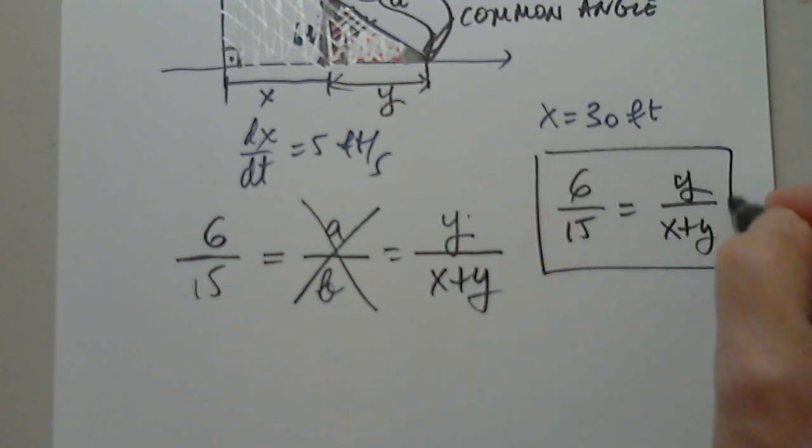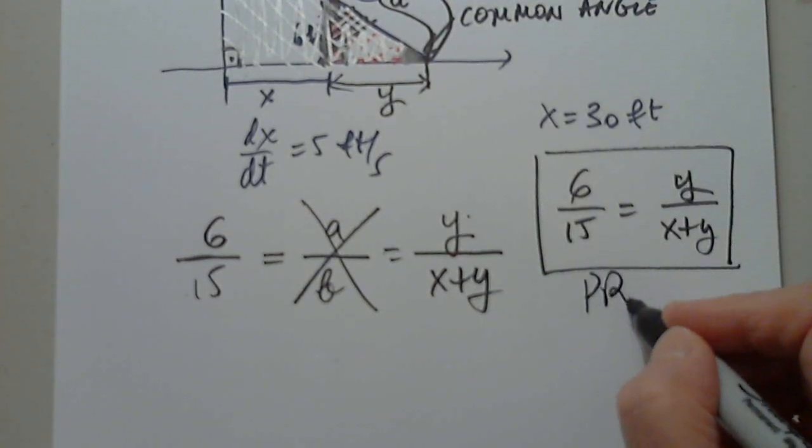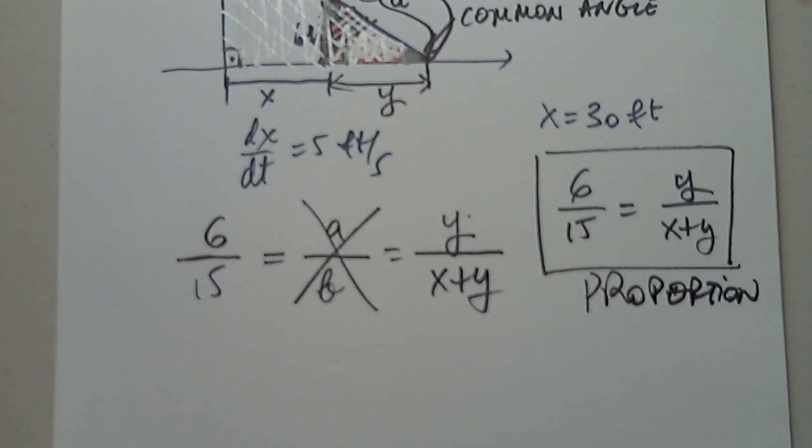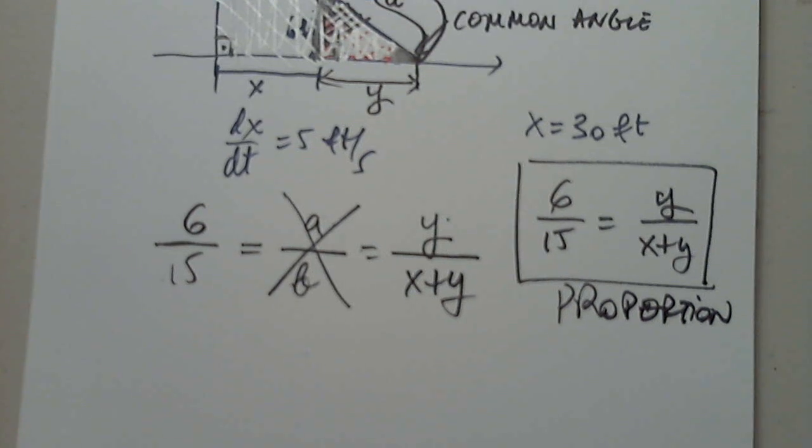This is a proportion. What happens in a proportion? What can we do in a proportion that we cannot do otherwise? Is there anything that we can do in a proportion that is very valuable right now?